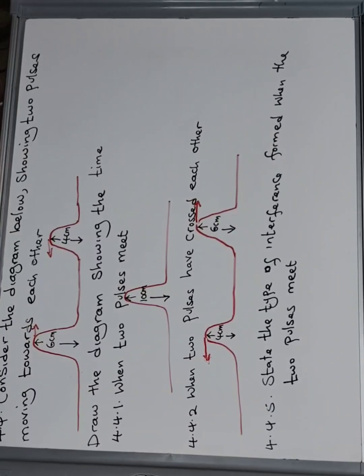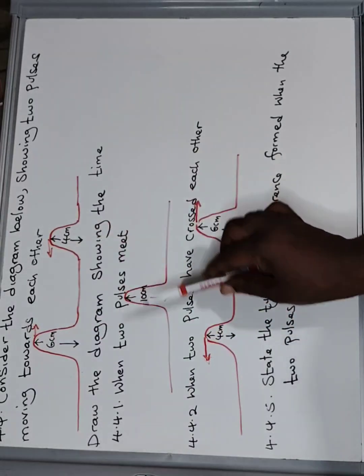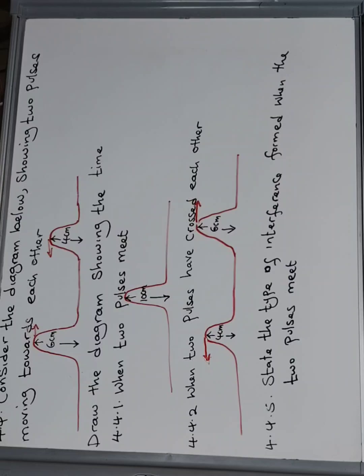It says, state the type of interference formed when the two pulses meet. Okay. For this case, what's going to be the type of interference formed? Remember, the two combine to form a bigger one, and that one brings us to constructive interference.